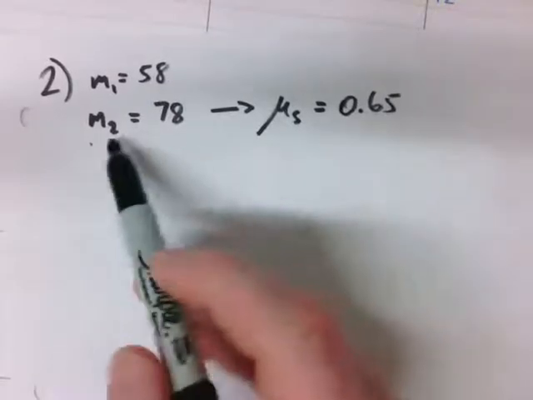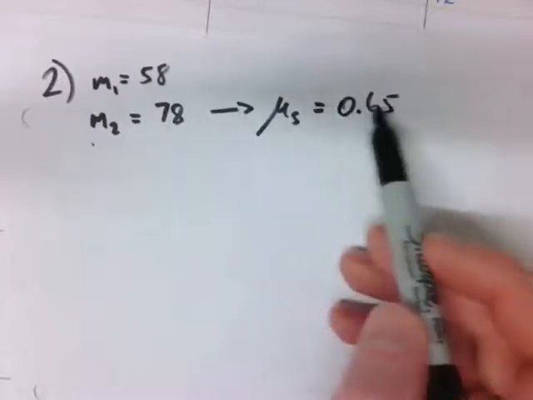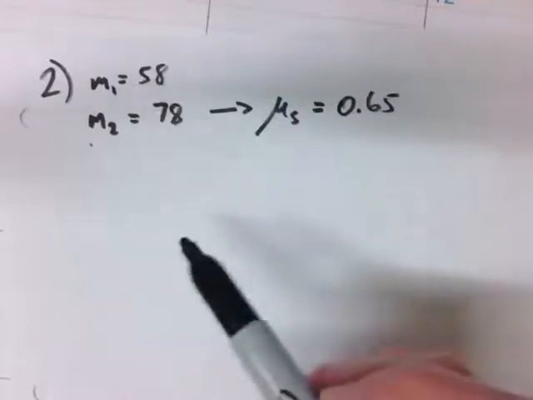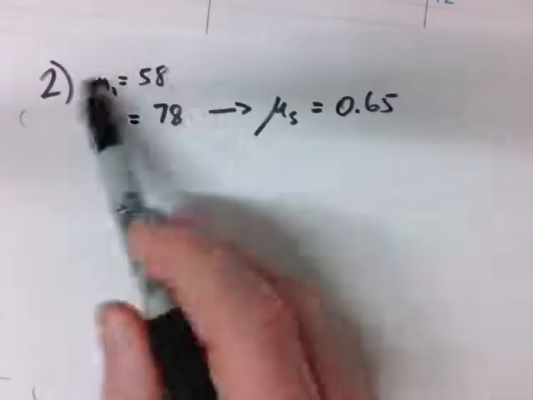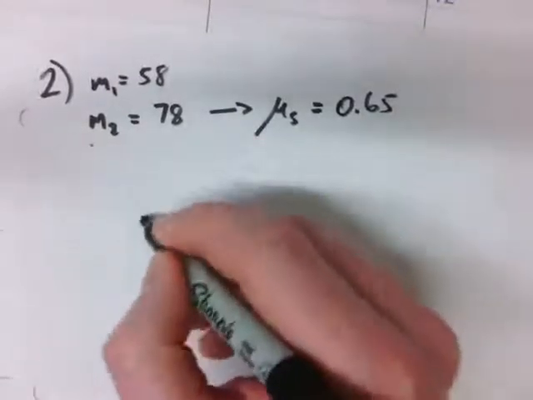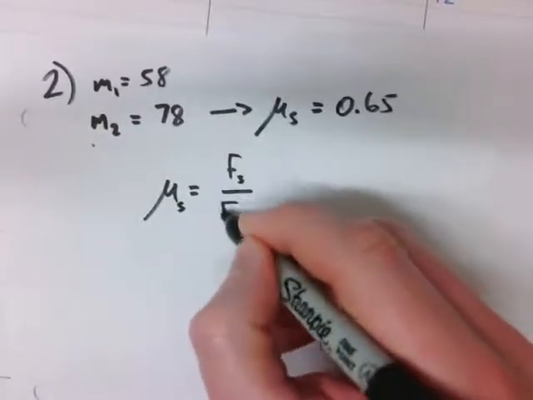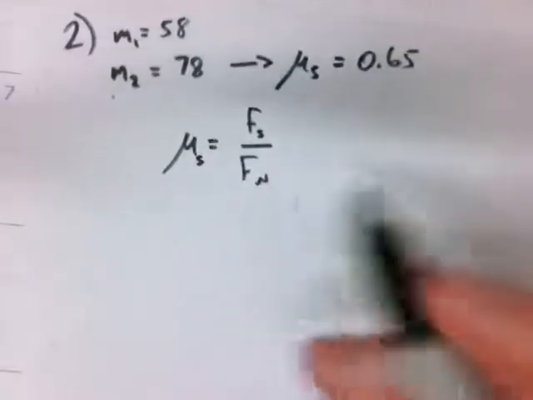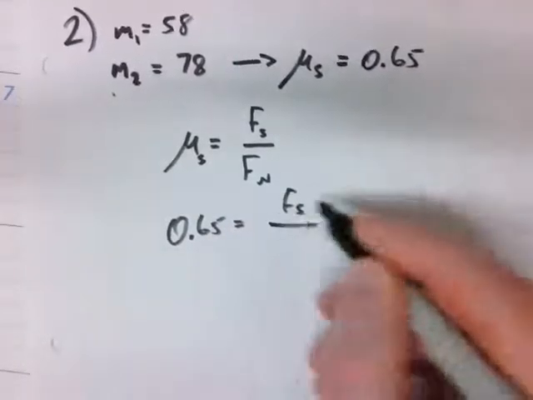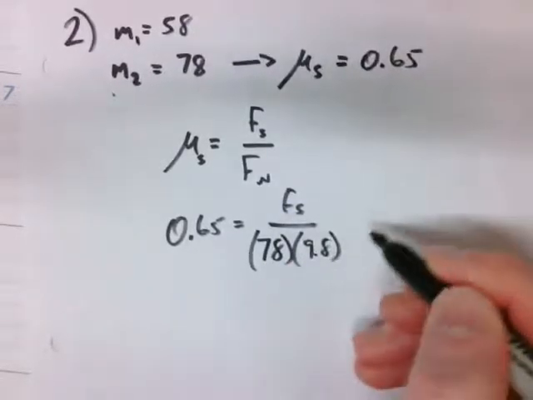So we're figuring out the maximum force that this person can pull without slipping, and then applying that force to the skater with no friction slowing them down. So we're looking at person number 2 first. Mu s equals Fs over Fn. Mu s is 0.65, and Fn is 78 kilos multiplied by 9.8.